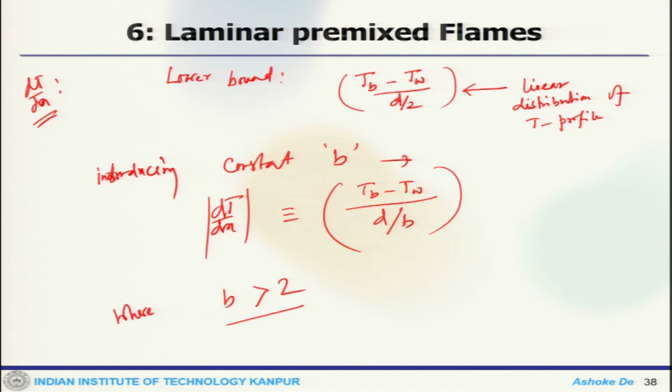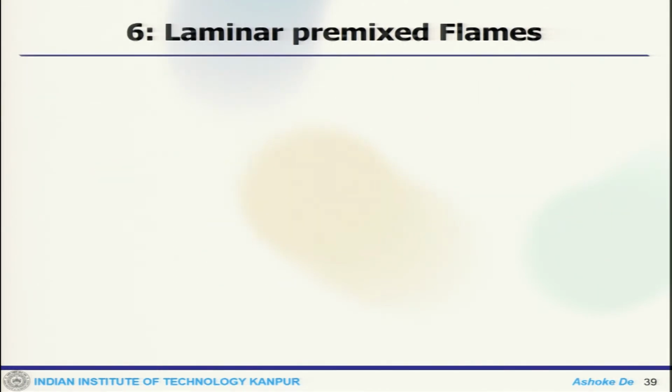Now, this is our equation number 37. Now, we combine equations 35 to 37. So, we are combining all this.